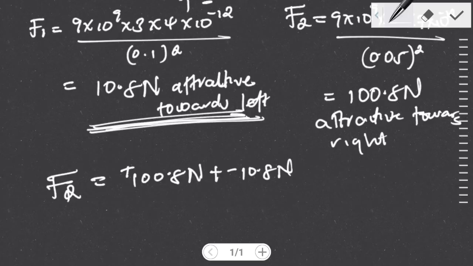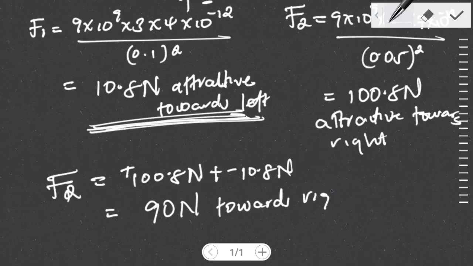Therefore I would have here that this would be 90 newtons towards the right, and therefore this would be the resultant at B.